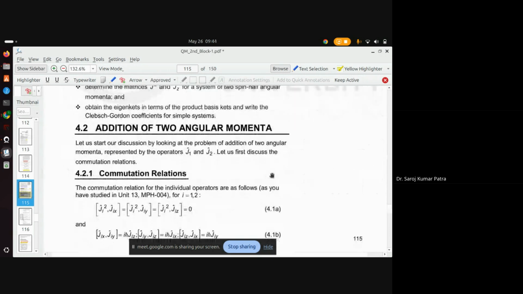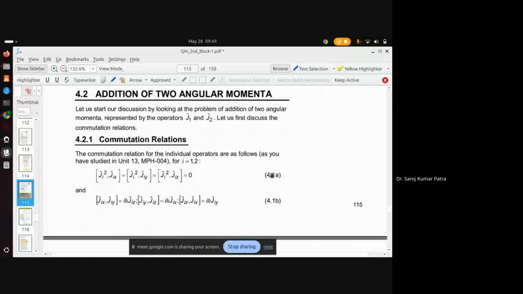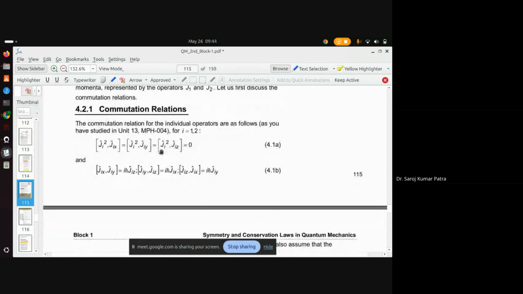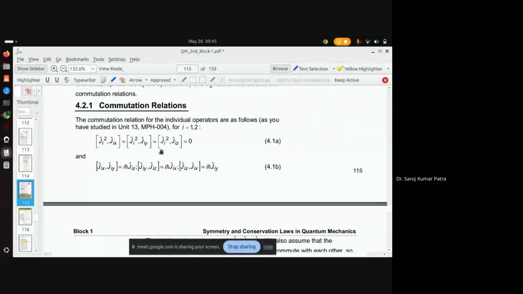Okay, let us come to the addition of two angular momenta. Revisiting the commutation relations again: Ji square with Jix, if we have two particles, particle 1 and particle 2.